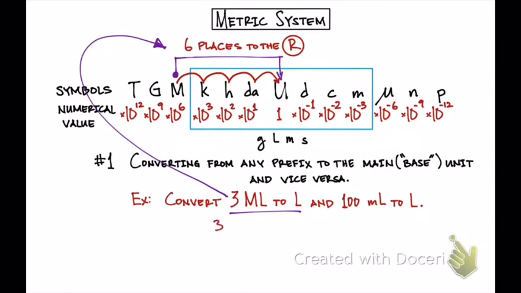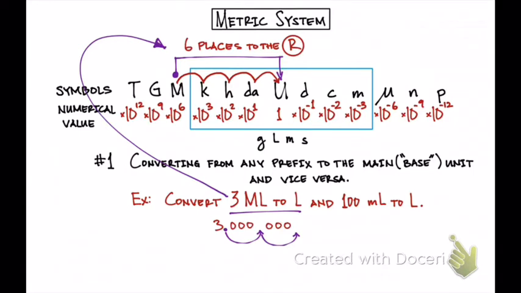Okay, so here we have 3 at the bottom. We have 3 megaliters, right? And then there's a decimal point right here, and we're going to move this 6 places to the right in the same direction as you went whenever moving from mega to the main unit. And so all you have to do now is add zeros per move. So this is more of a shortcut.